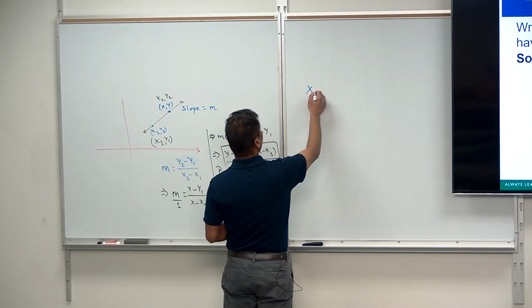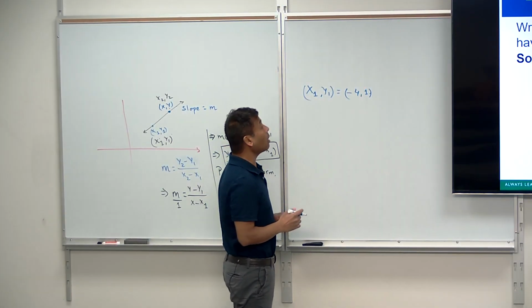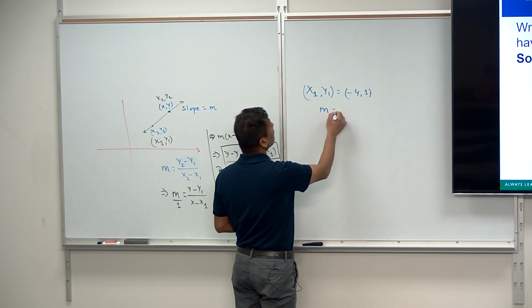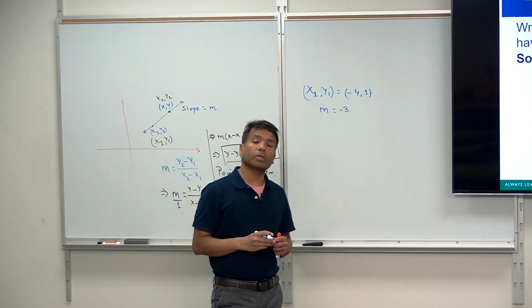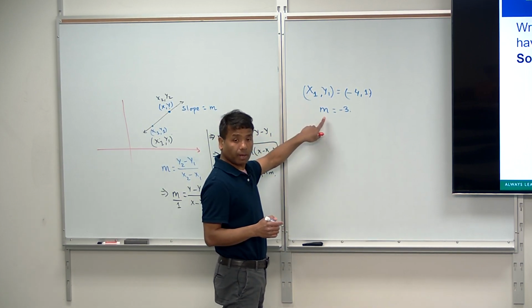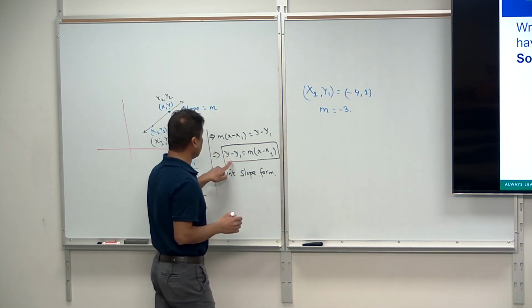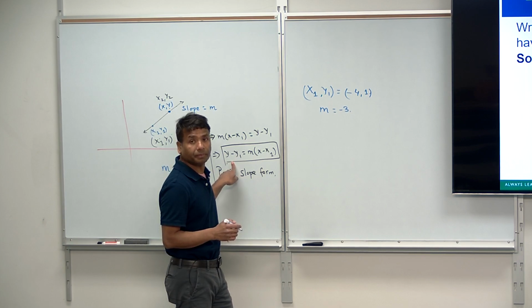So you know the point, this is negative 4 comma 1. And you also know the slope. What is the slope? Negative 3. And you just plug in, this is the point x1, y1, this is the value of m. Then you will get the equation of the line.